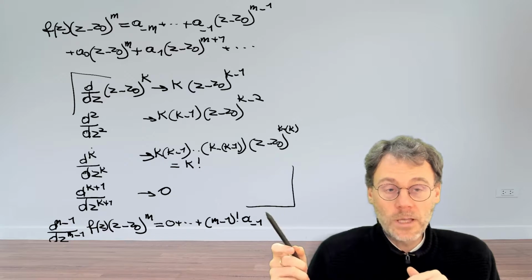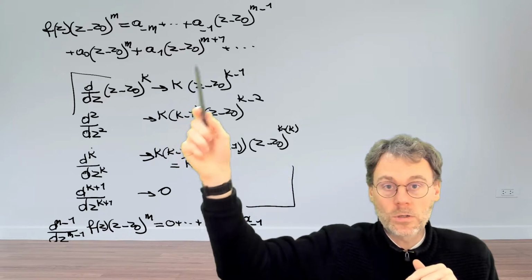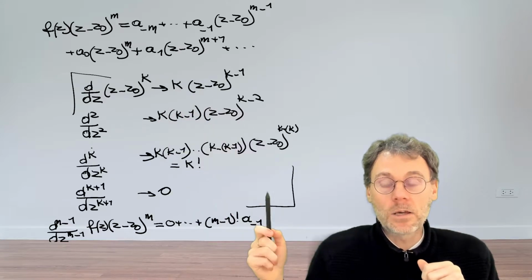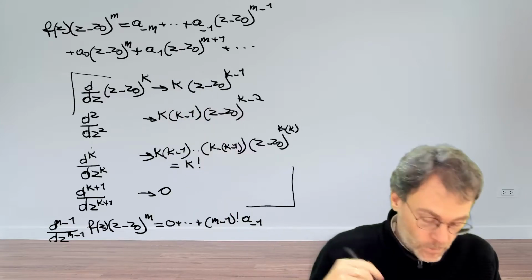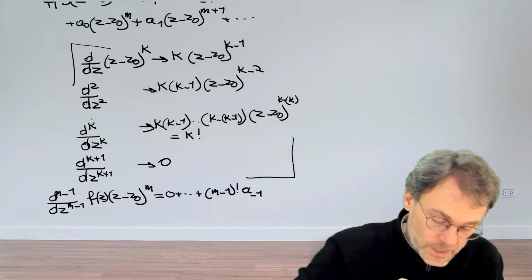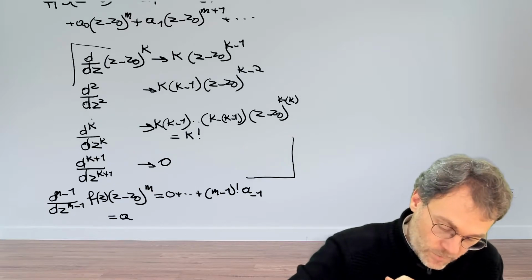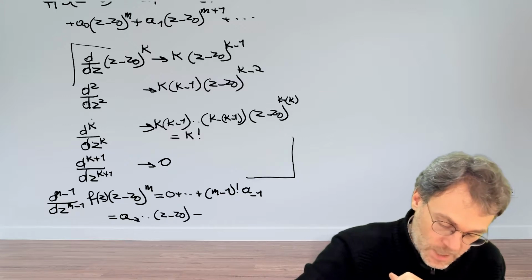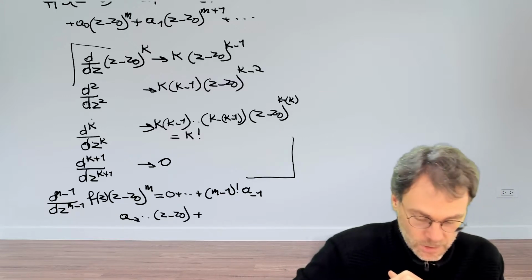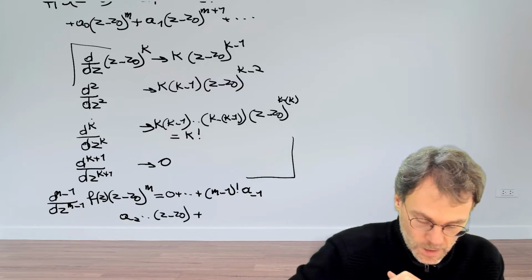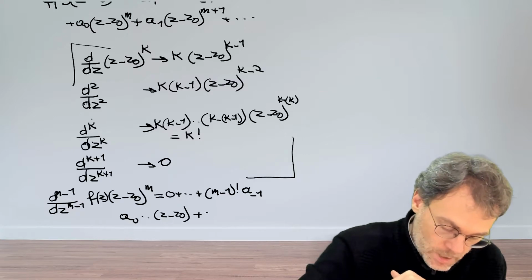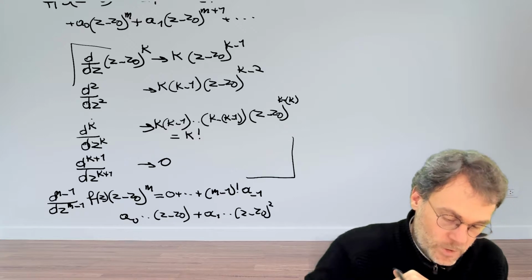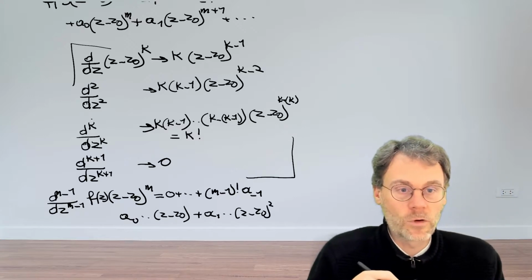And then for all of the higher order terms, so the ones up here, if we take the derivative, the important part is that we basically will have some factor z minus z naught left. So that's for a 0, and then also a 1 gives us z minus z naught squared, and so on and so forth.